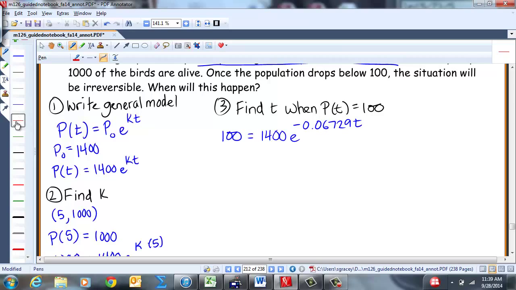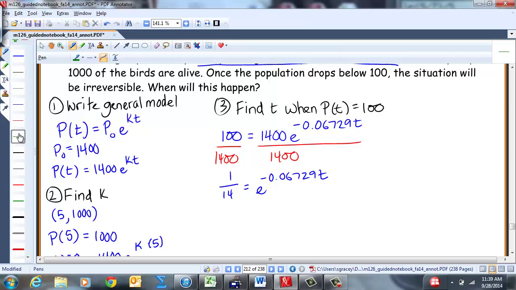So dividing both sides by 1,400, we will get 1/14 is equal to e to the negative 0.06729 times t.